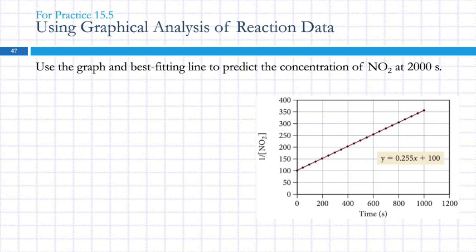We want to use the equation, okay? So for the second order, 1 over the concentration is the rate constant times time, plus 1 over A at 0.